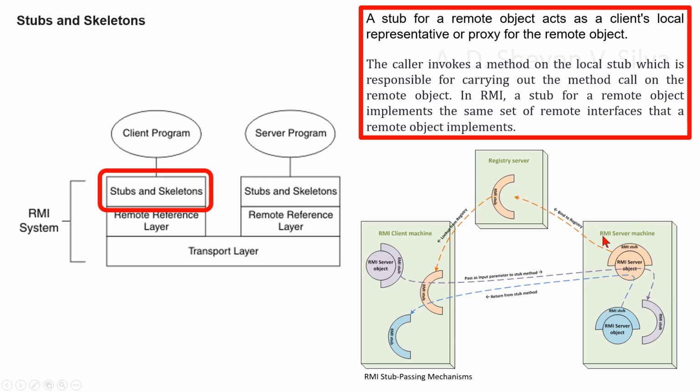The registry serializes it and sends it to the RMI client. Note, technically the registry does not have to be co-located on the same machine as the RMI server object. Therefore, the stub may initially get serialized and sent to the registry machine before the client requests it.